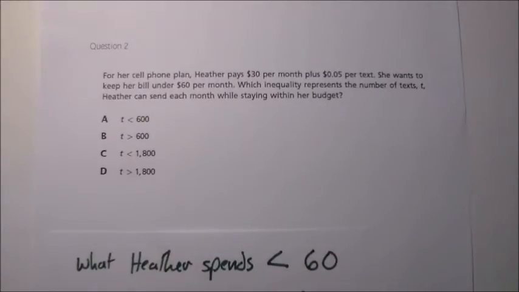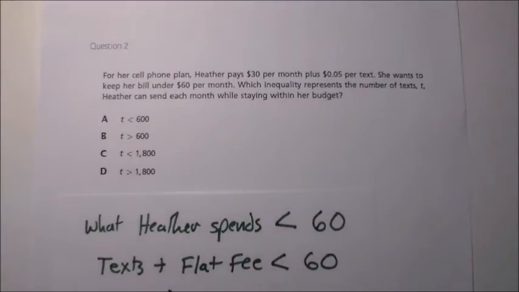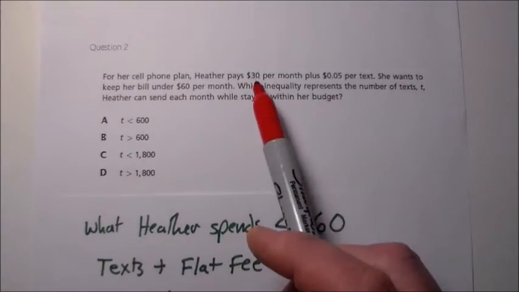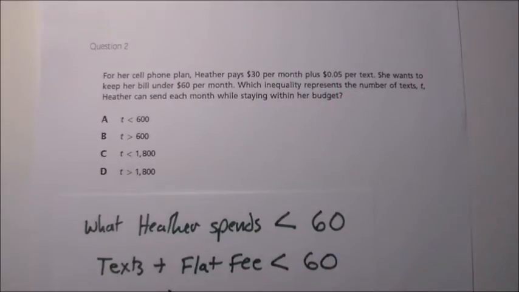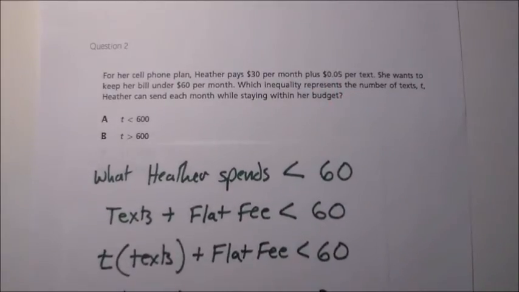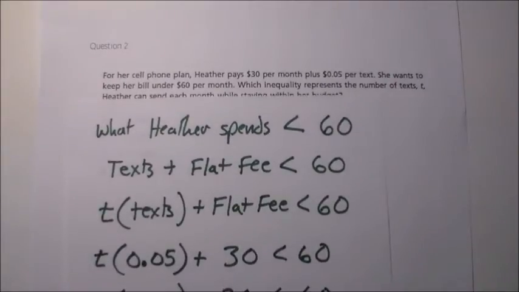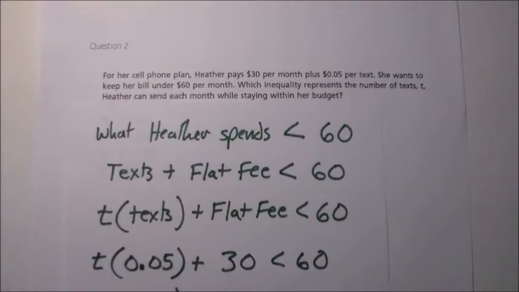And she's going to spend money on sending texts, and the flat fee. What is her flat fee? Her flat fee is 30 bucks and 5 cents per text. So T times texts plus flat fee has to be less than 60. T times 5 cents plus 30 is less than 60.